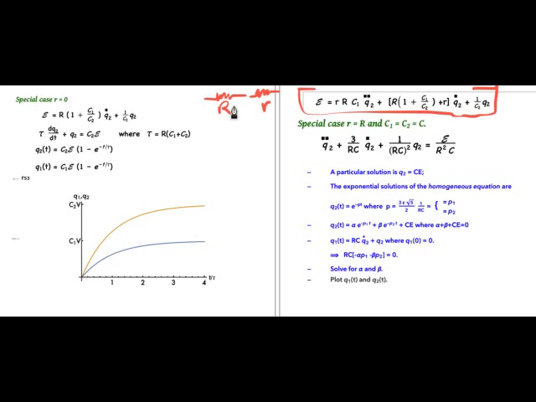Let's try as a simpler case the case where little r is 0. So I just have the battery, resistance, C1 and C2. In this case, C1 and C2 are perfectly in parallel, with no resistance between the two capacitors.